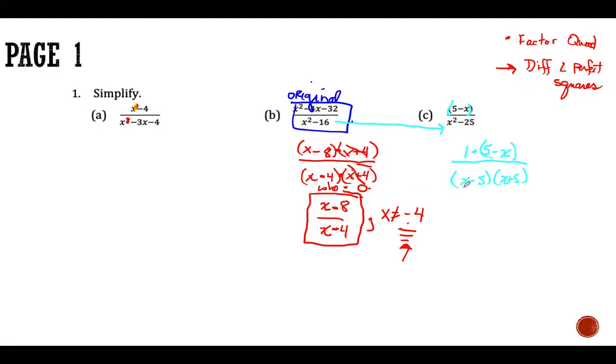No factors match, but here's something that's going to come up a lot when we're doing limits. Do you see that factor and this factor? They are so tantalizingly close, but they are not the same. You cannot cancel them. However, watch this handy dandy trick.